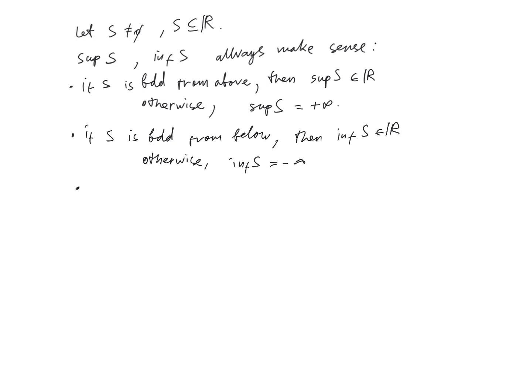And moreover, we always have that the infimum of S is less or equal than the supremum of S, whether they are real numbers or minus infinity or plus infinity symbols. This is because of how we define the ordering on the extended real line, by the definition of ordering on the extended real line with plus and minus infinity.